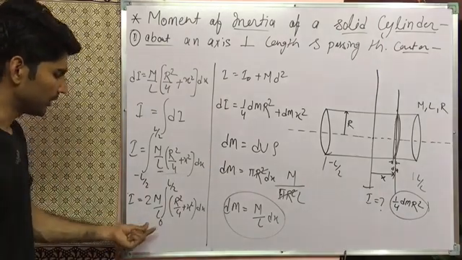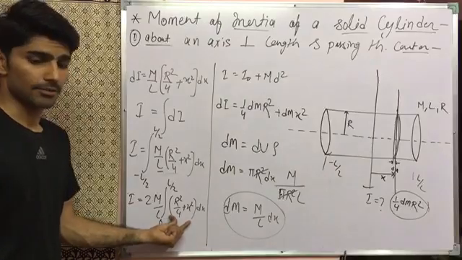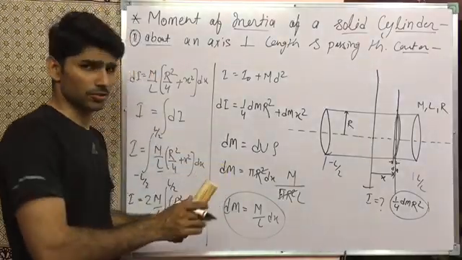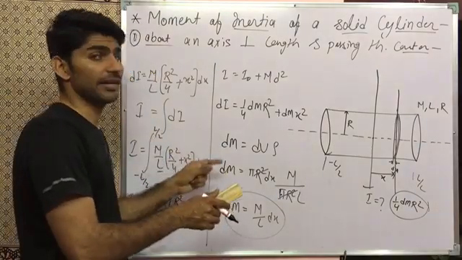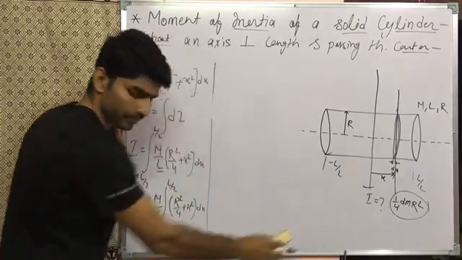Now we are going to integrate this equation. Before that I need some space, so I am cleaning it up. Please take a screenshot or pause your video and make the notes first, and you can go back also.